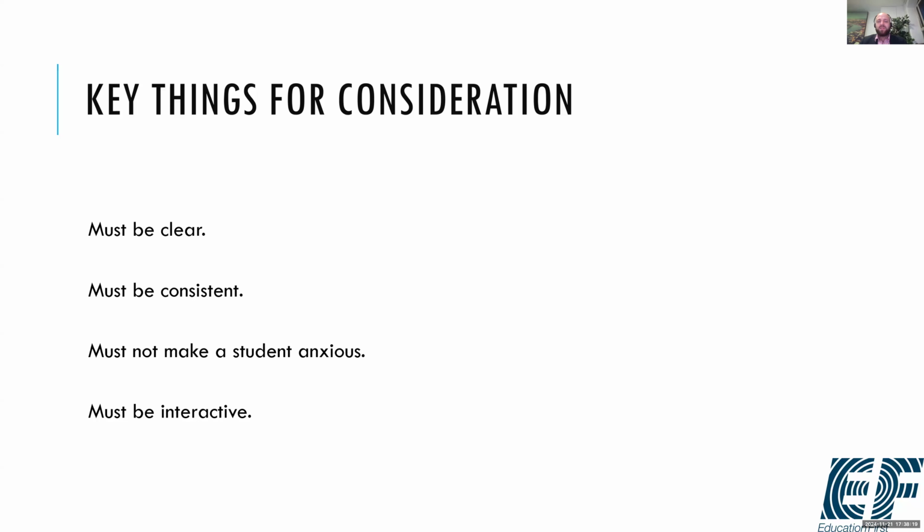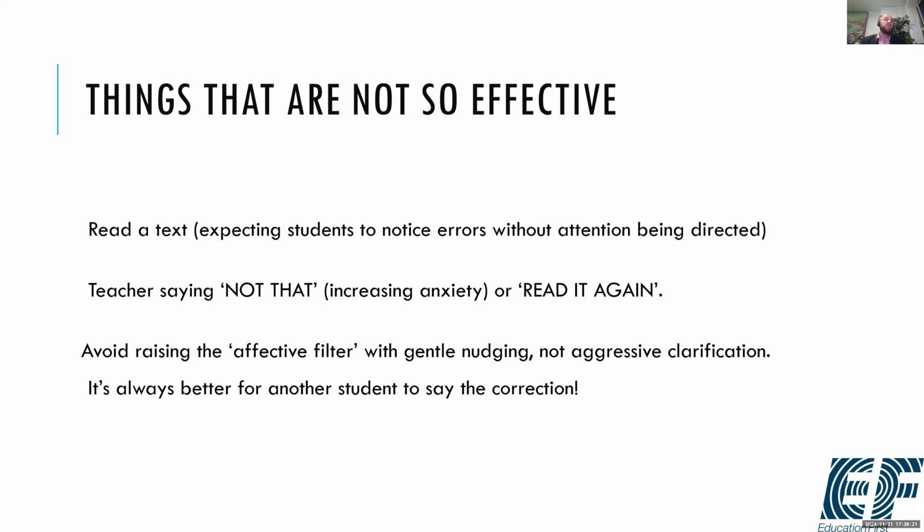So we've just got a couple of things that perhaps aren't so effective in my eyes. You may disagree with me, which to me is the best part about being a teacher. We all have different experiences and different opinions, and that's what drives the profession to be better and better year on year.